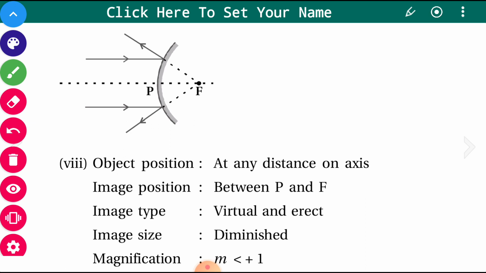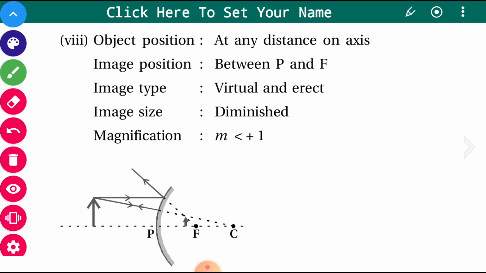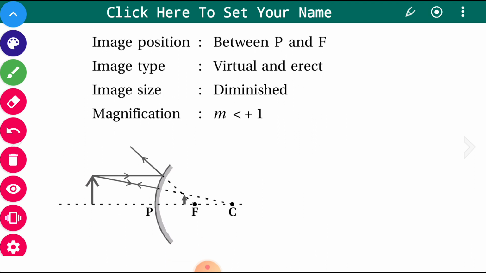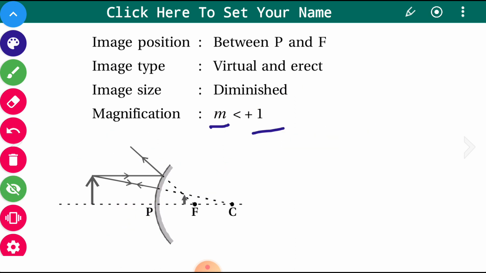Then for any other distance, if you keep the object at any distance less than infinity, say for example you are using the rear view mirror in a vehicle, so the object is at any distance on the axis, then the image position is between pole and focus, on the other side of the mirror, and it will be a virtual and erect image, diminished, smaller than the object. That is why magnification is less than 1. It's an erect image, therefore it is positive.